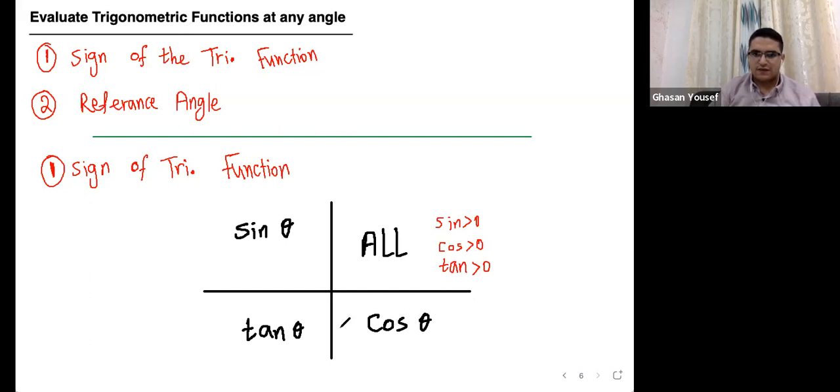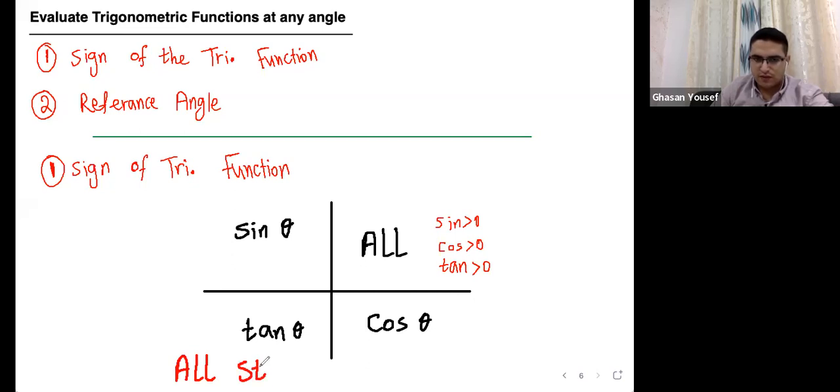So from this, I can collect it in one phrase: All Students Take Calculus. The first letter here, A. All Students Take Calculus. This is just a way to help you remember which function is positive in which quadrant.